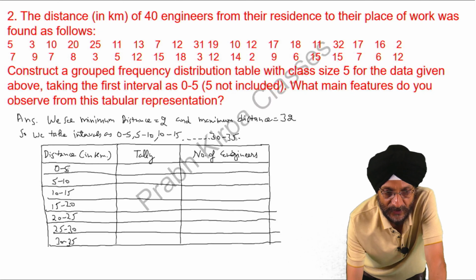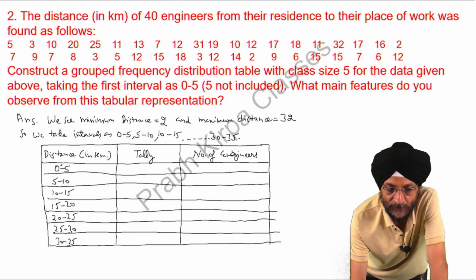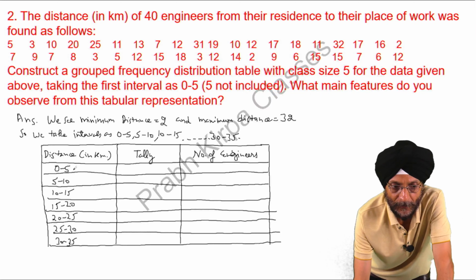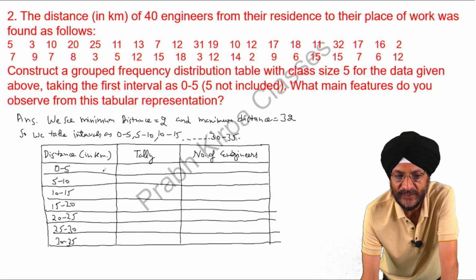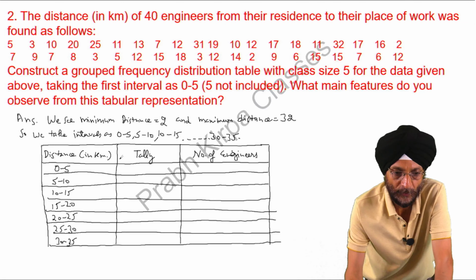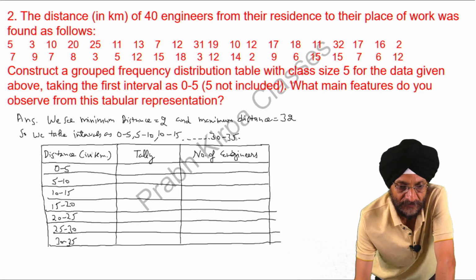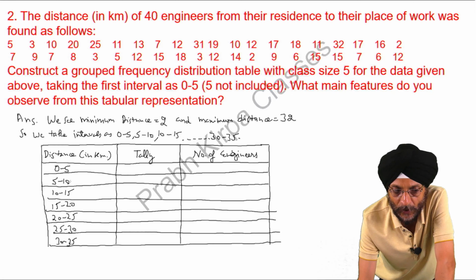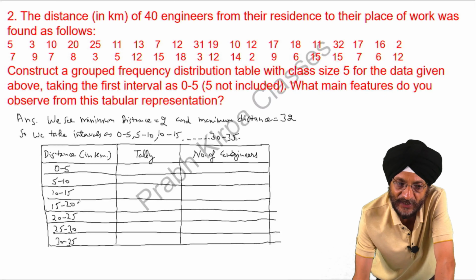Now it is to be remembered that when we are talking about 0 to 5 kilometers, in this interval we will mention only those engineers who travel less than 5 kilometers, and all the engineers who travel 5 or more but less than 10 will be mentioned in the next. That is, 5 will not be counted in the first interval, 10 will not be counted in the second, 15 will not be counted in the third, and so on.